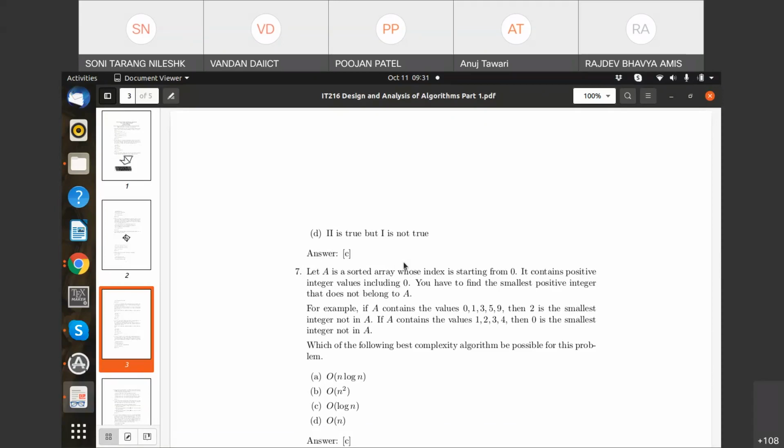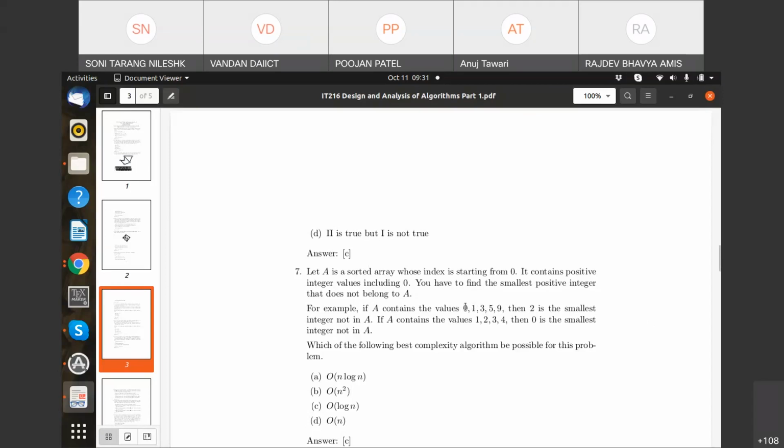So we need to divide the array into two parts, the first half and the second half, and look at the starting value and the ending value, and the size of this half. So we are starting with 0, or let's say any value.